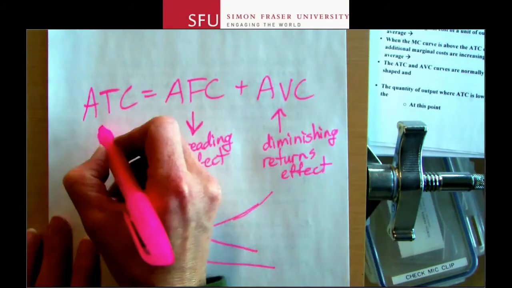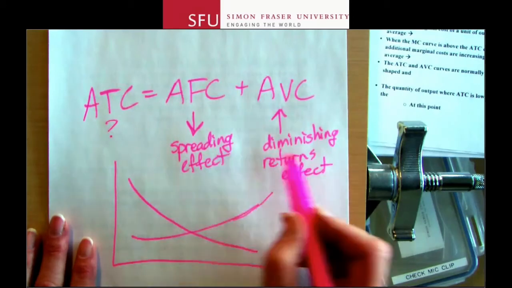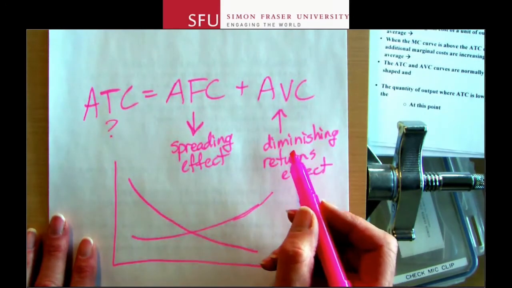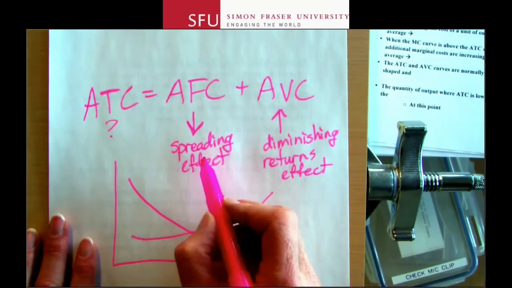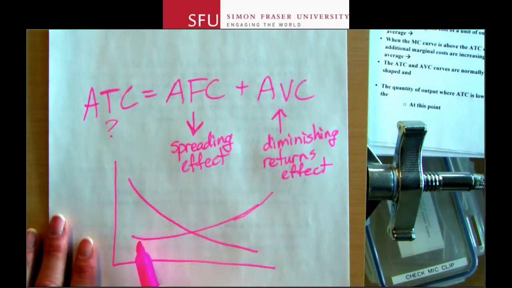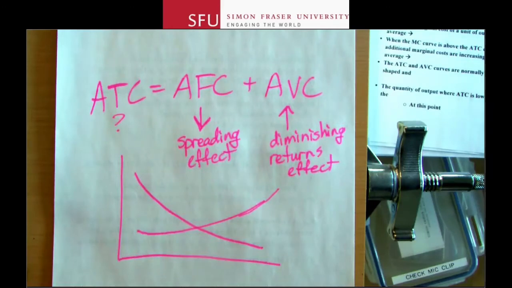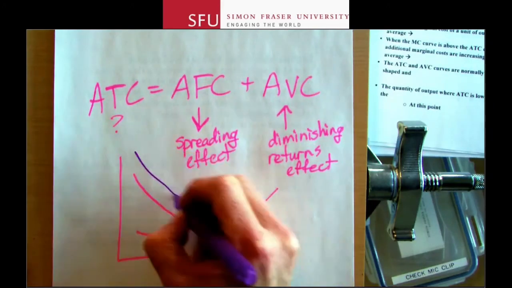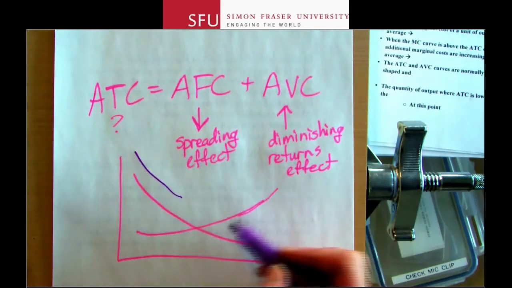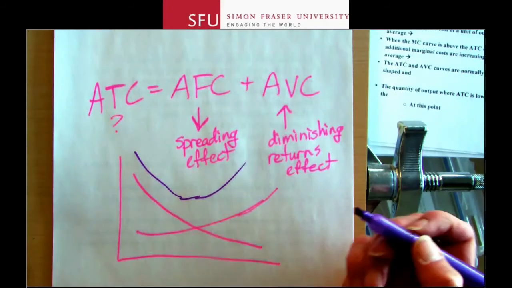What happens here, it just depends on which change is bigger. So when the spreading effect is a bigger effect, like over here compared to here, then your average total would be going down. But then over here, when the up of the diminishing returns effect is bigger than the down of the spreading effect, that's where your average total is going to start to go up.